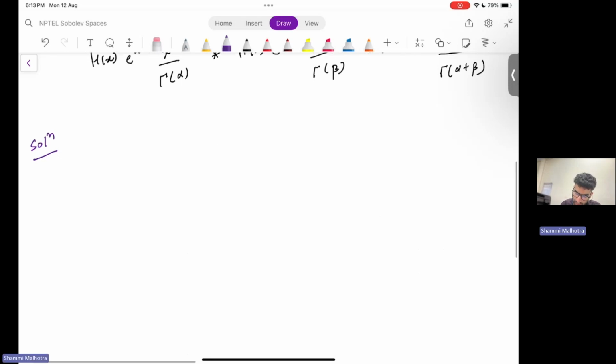The Heaviside function, as we know, is given by 1 when x is non-negative and zero otherwise.